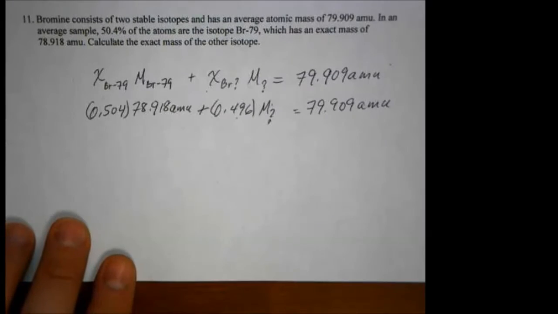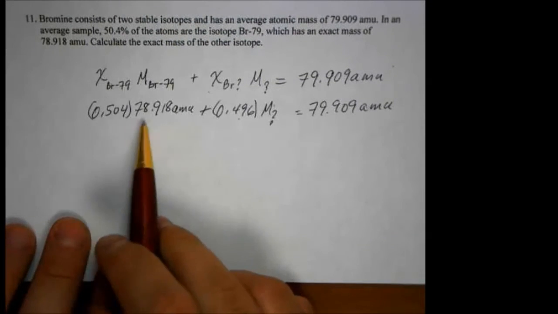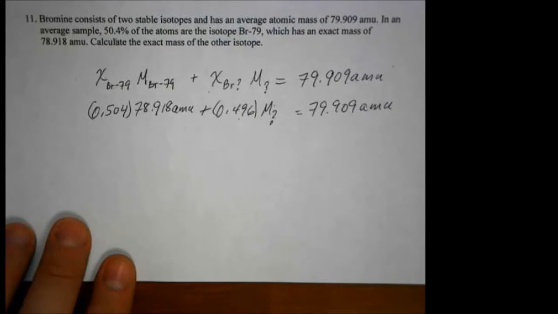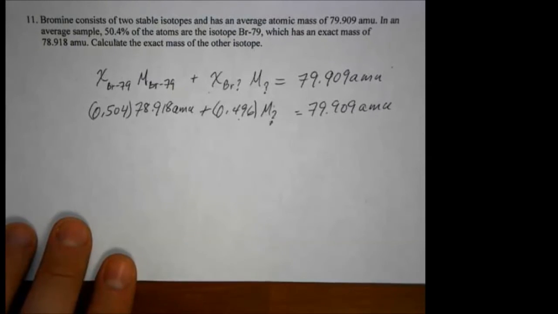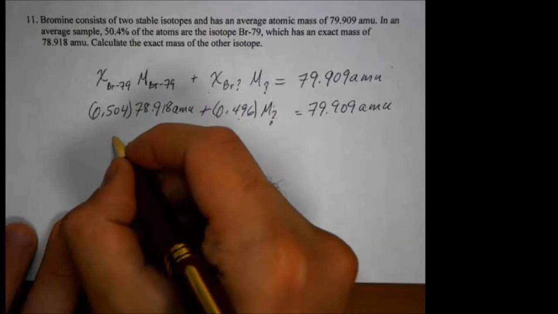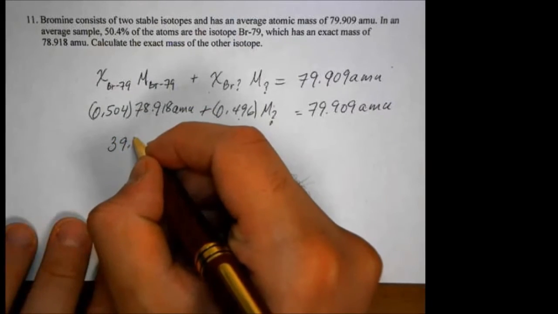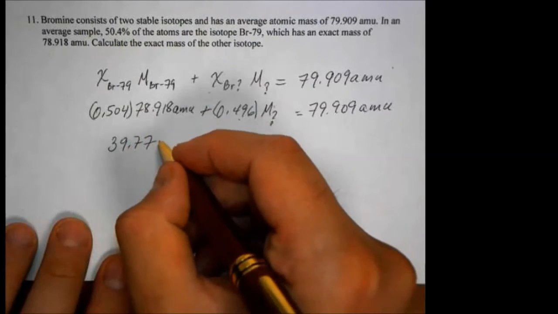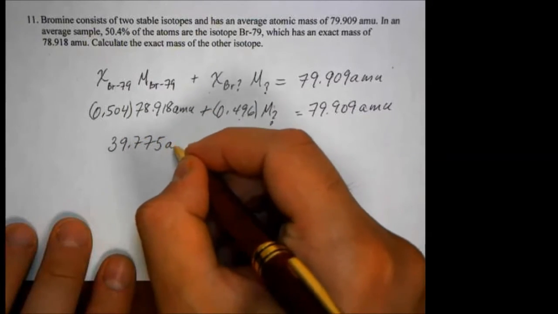When we're doing sig figs, we're going to want to make sure that we take this one step at a time. So let's do our multiplication first. If we take 0.504 and multiply that by 78.918, we get 39.775 AMUs.